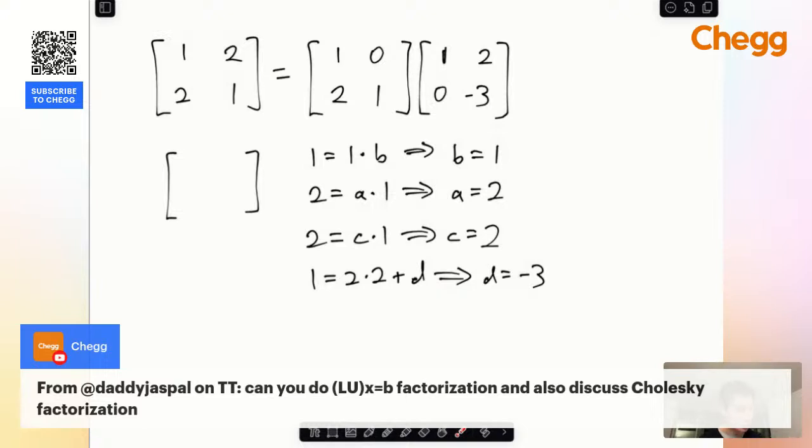But okay, this is one way to do it. I don't know if I should say this is the better way, but it's kind of a turn your brain off and do it kind of way. So I like this way better. But this also doesn't capture the essence of what lower upper triangular factorization is meant for.